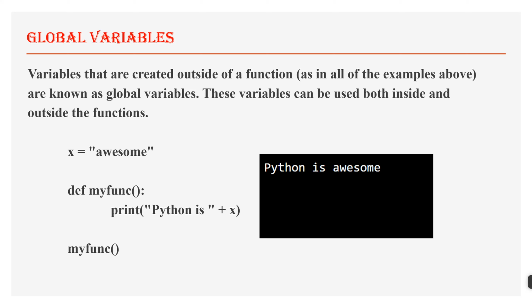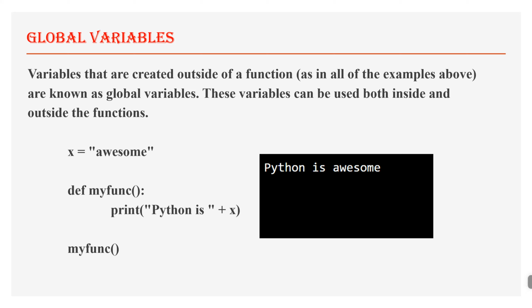So what do you mean by global variables? Global variables are those variables which are created outside the function and which will remain global throughout the program, which means inside the function, even outside the function.